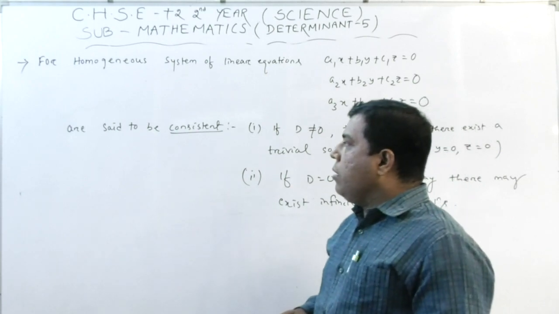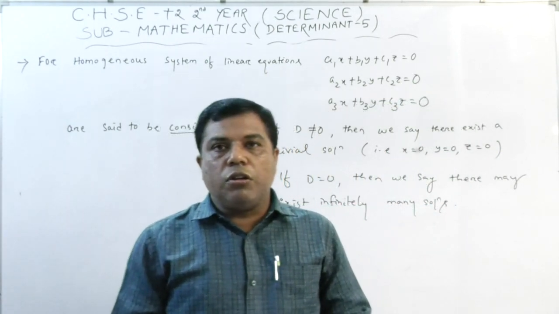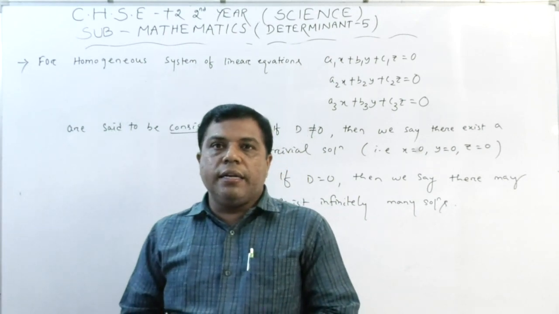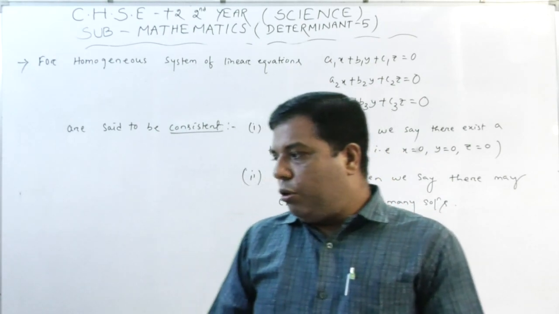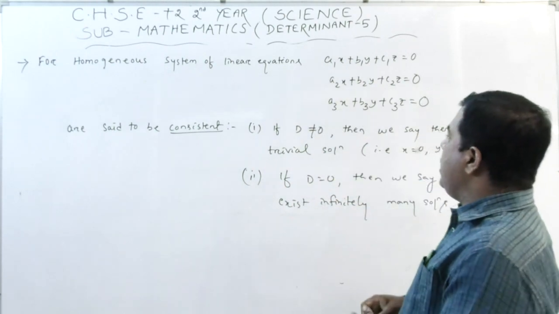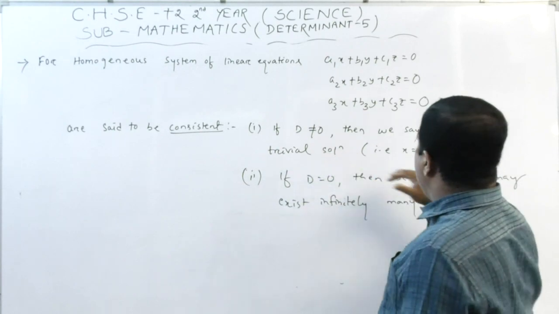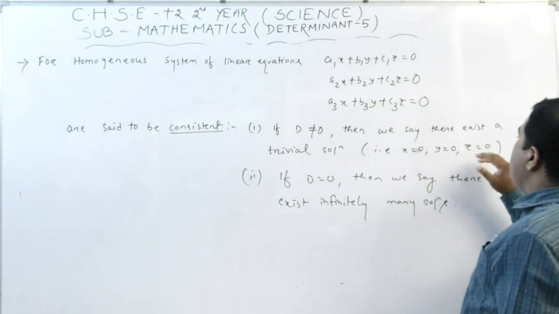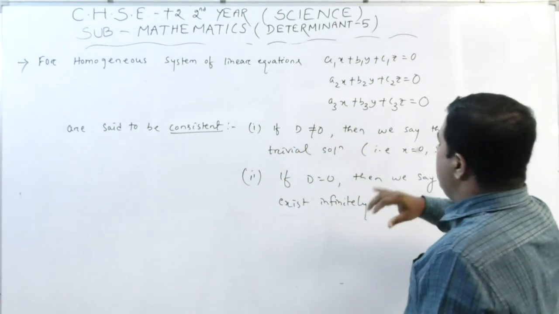Okay, so this is the concept of the consistent and inconsistent nature of the system of equations, and from here we are clear about when we get the consistent solutions. For homogeneous system also, we see that it always has consistency either trivially or non-trivially. If it is the trivial solution, that is x is 0, y is 0 and z is 0, then the determinant is not equal to 0.